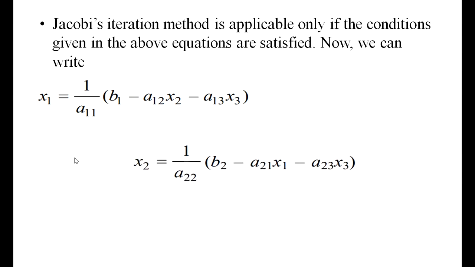Similarly, we can separate the value of x2 as x2 is equal to 1 upon a22 in bracket b2 minus a21 x1 minus a23 x3. Similarly, we can extract the value of x3 as 1 upon a33 in bracket b3 minus a31 x1 minus a32 x2.